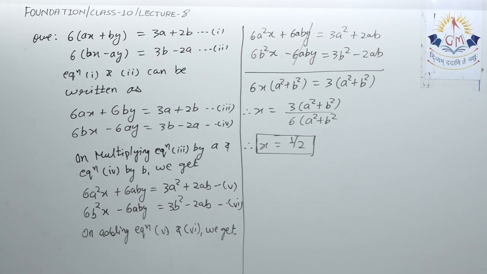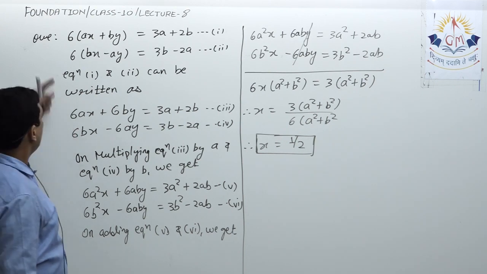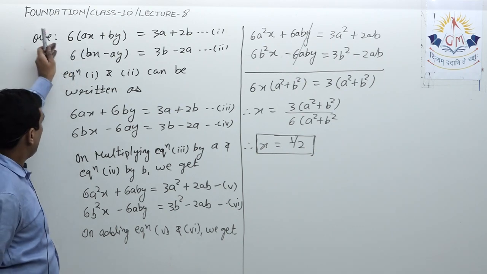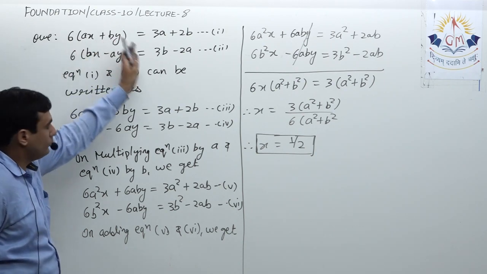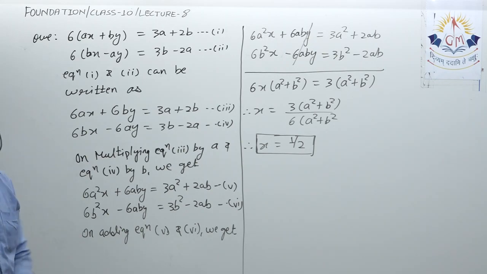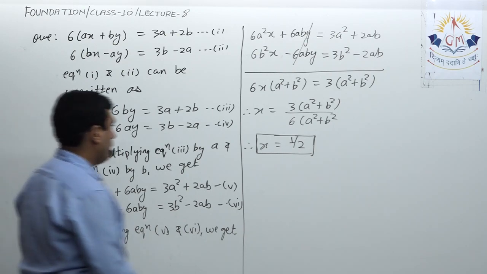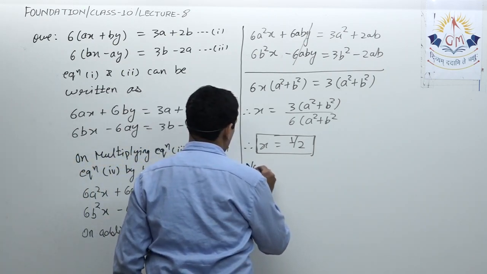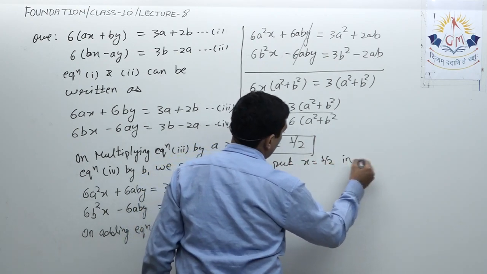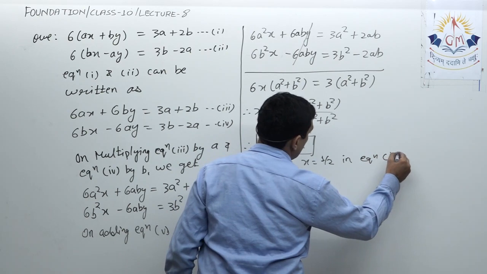Now we put x equal to 1 by 2 in either equation 1, 2, 3 or 4, anywhere. I will put it in the third, because the third is a slightly simplified form of the first. If I put it in the first, I have to again multiply and do all that process. So it's better to put the value of x in equation number 3 or 4. So put x equal to 1 by 2 in equation number 3.